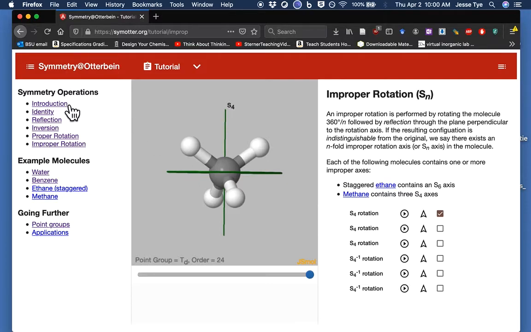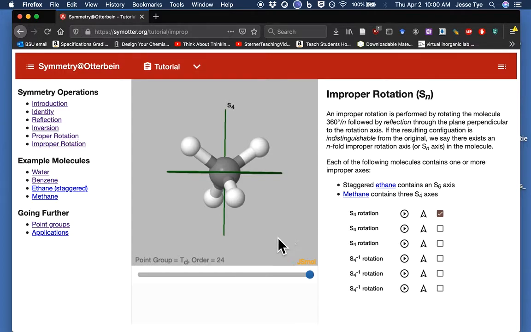So those are the 5 types that you will need to know: identity, reflection, inversion, proper rotation, and improper rotation. And I suggest you go through this tutorial yourself. You look at the symmetry elements, which will be the point, line, or plane about which it happens, and then the symmetry operation.